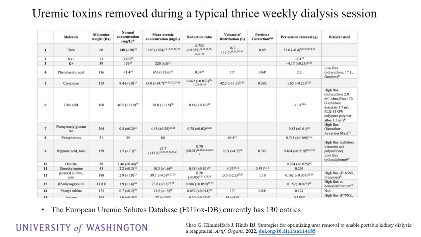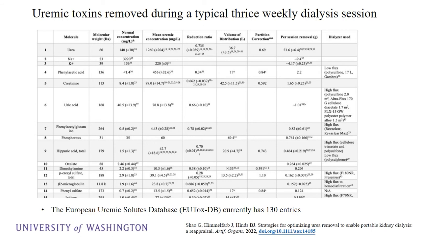However, although in dialysis treatment the toxins are removed directly from the vascular space, they also exist in the extravascular space, and the distribution is not one-to-one in those different compartments. So we need to define a factor called partition correction, and we tried to find as many references as possible to back up the data.